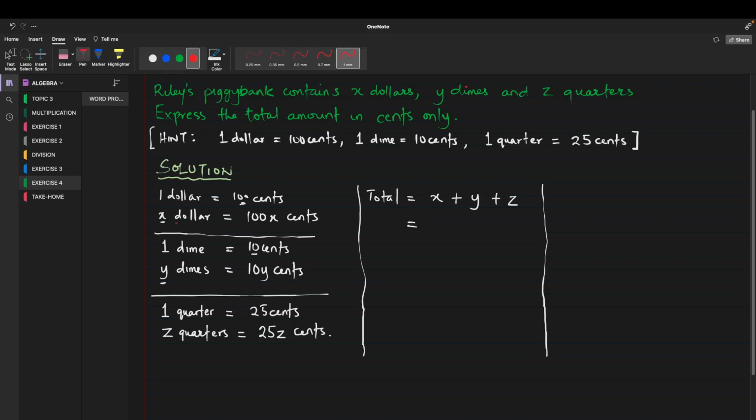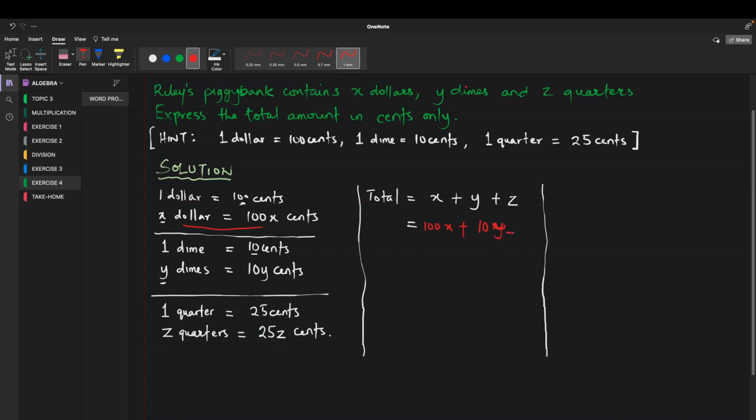Remember, guys, our x dollars represent 100x cents here, plus what does our y dimes represent? It represents 10y cents.